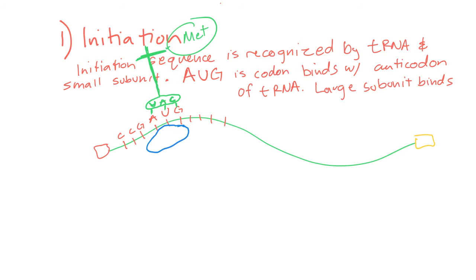It's not going to be that large. Something like that. All right, so that's initiation. So messenger RNA has the code, the anticodon of the tRNA binds, the small subunit binds, then the large subunit binds.